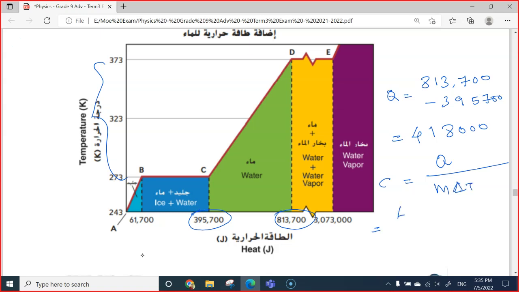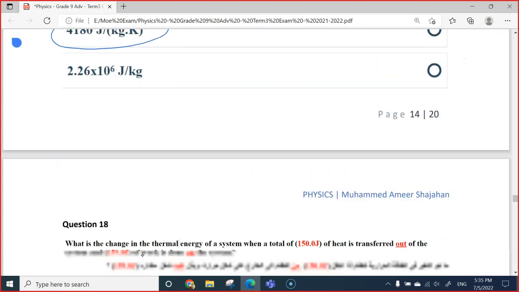So here 418,000 divided by mass 1 kilogram and change in temperature is 373 minus 273, that will be equal to 100. So these two zeros cancel, so you will get 4180 joule per kilogram degree Celsius. That is the value of the specific heat capacity of water.